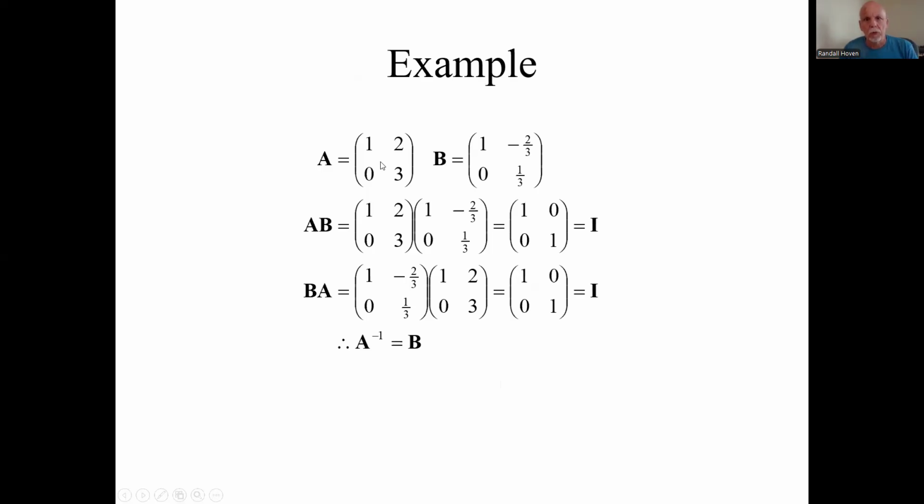Here's an example I won't go through, but this is just verifying that B is the inverse of A. Multiply A times B on the right, and you get the identity. Multiply A times B on the left, you get the same identity, same size. That means B equals the inverse of A.